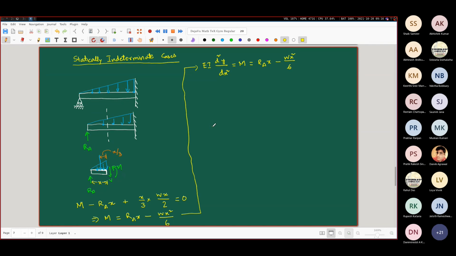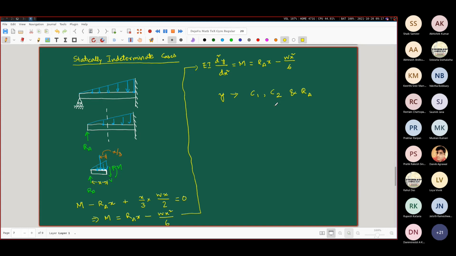Fine. Now suppose we go one step ahead. Suppose we integrate this equation twice. Then what are we going to end up with? We are going to end up with an expression for this y. And in this expression, what are the unknown things that we are going to end up with? Yes, two unknown constants of integration and Ra.